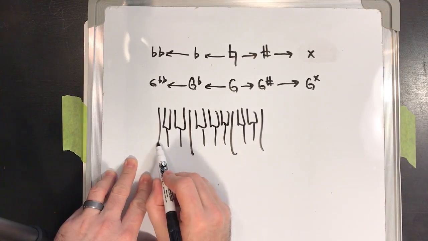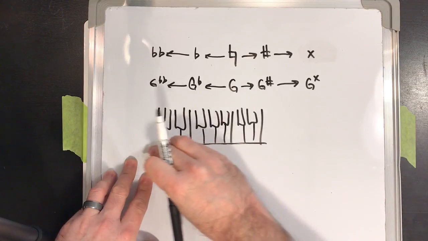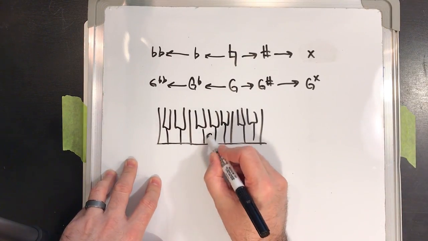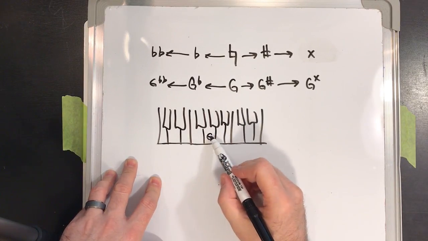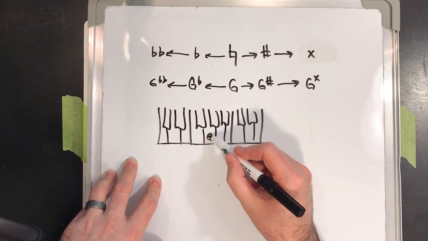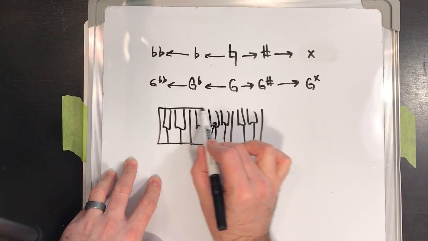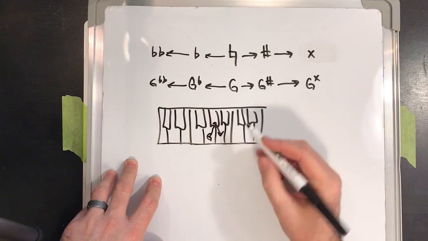So if we have a keyboard, let's see how fast I can draw a keyboard. It's a little messy, but that's all right. Here is our G, right here. G is on this note. G sharp is right there, the black note right above, and G double sharp would be here.